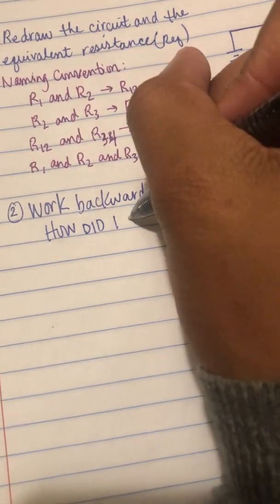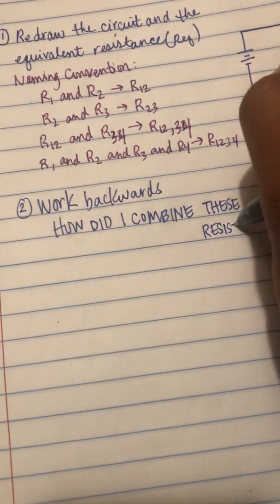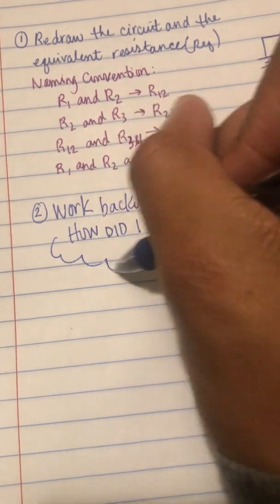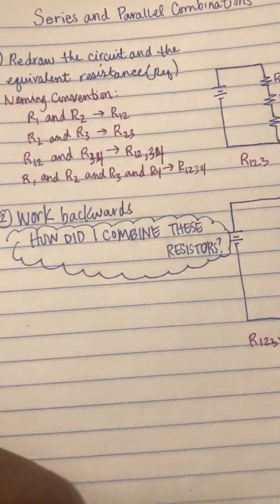So the big question you always want to ask yourself is, how did I combine these resistors? Let me put a nice big bubble around this. Golden question we always want to ask ourselves: how did I combine the resistors?